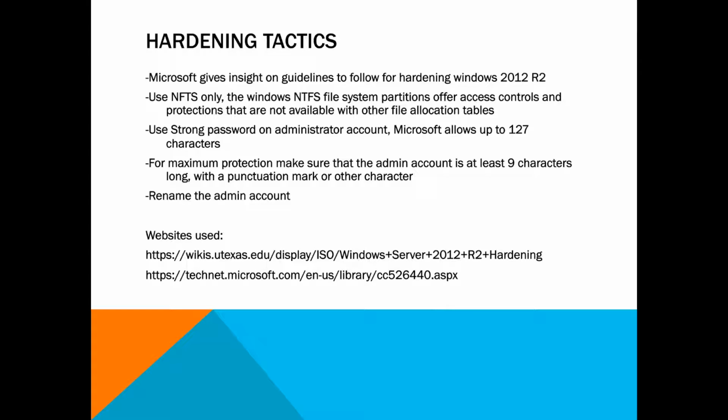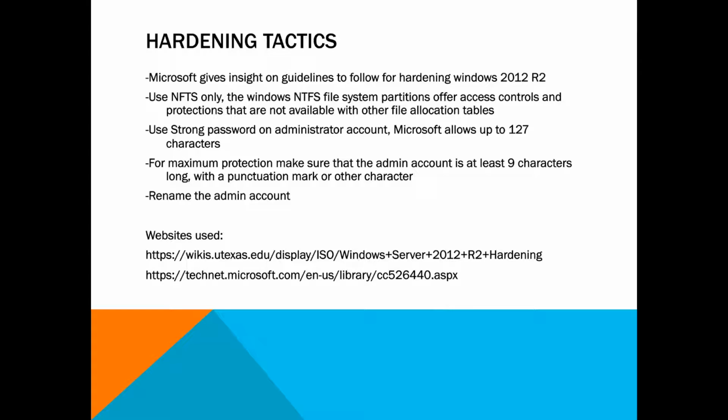For maximum protection, you definitely want to make sure that the admin account password is at least 9 characters long with a punctuation mark or other character at the end, such as an exclamation point or underscore or something like that. And then for really maximum protection, you would also rename the admin account.